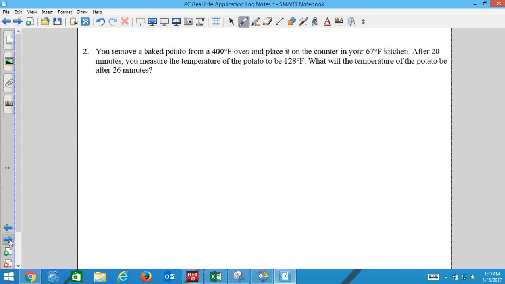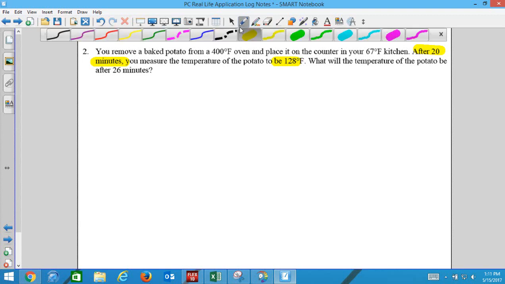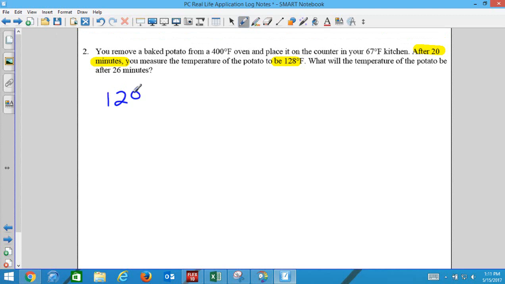So we're going to have to use the first piece of information, the 20 minutes. After 20 minutes, the potato is 128 degrees. If you use that information to find out the cooling rate first, then we'll go back and use that to find the temperature after 26 minutes. So I'm going to start by saying that the potato is 128 degrees after 20 minutes.